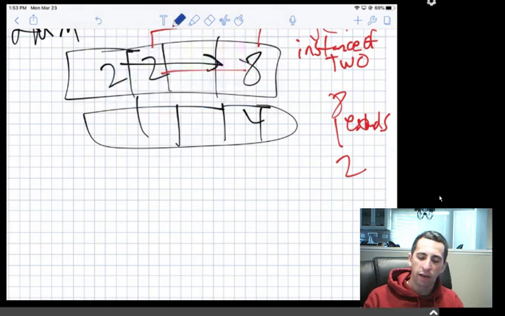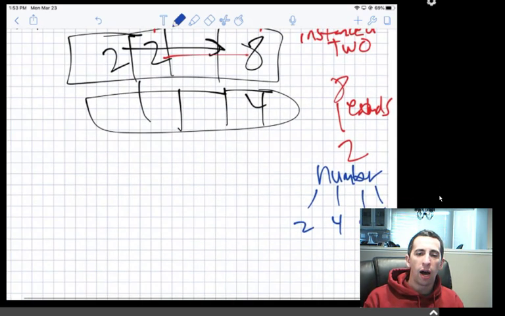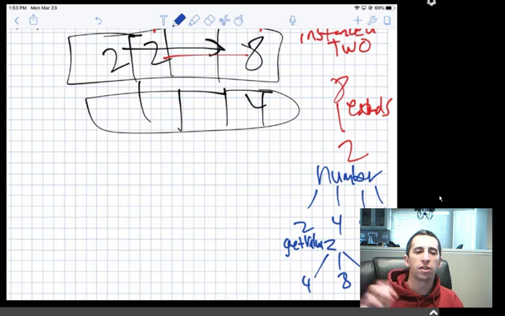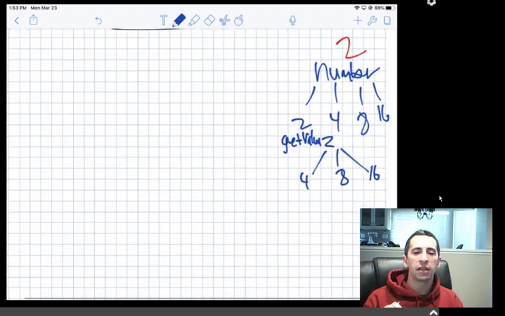One is you could have a Number class where all the code is in Number, and then the 2, the 4, the 8, the 16, and everything extends Number. Another way is if you want to have a 2 that's extended by 4 and 8 and 16 or whatever, you could add a getValue method in each one that would return 2 or 4 or 8 or 16, and that would allow you to fix that issue.